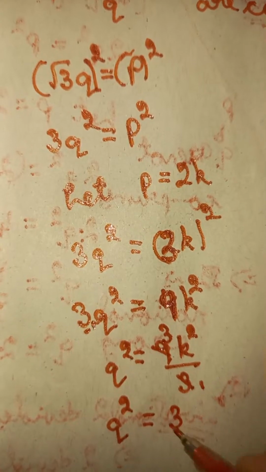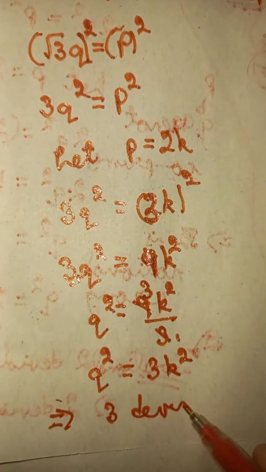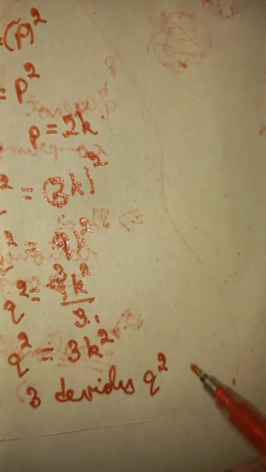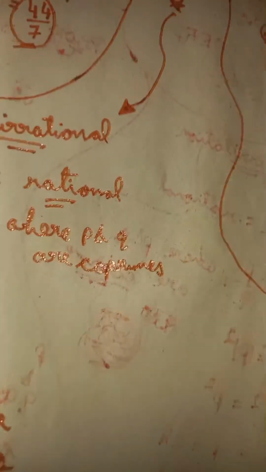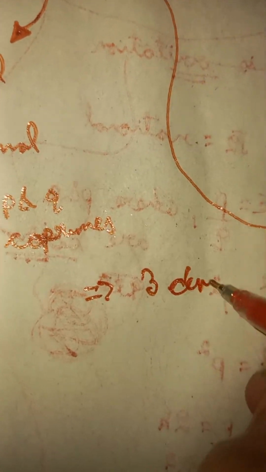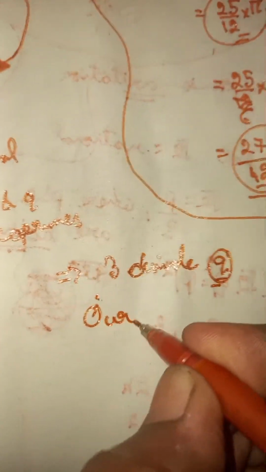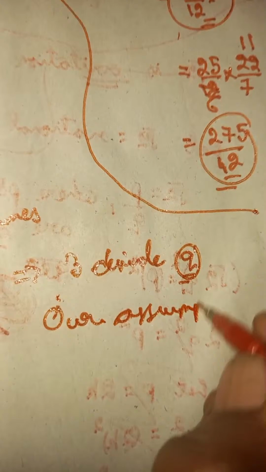Now you can see this 3 divides Q squared, so this 3 can also divide Q. Here they are saying 3 can divide even Q. So our assumption that P and Q are coprimes is wrong.